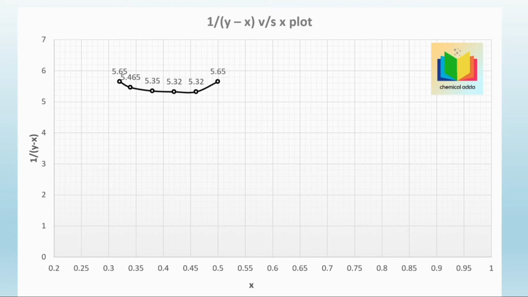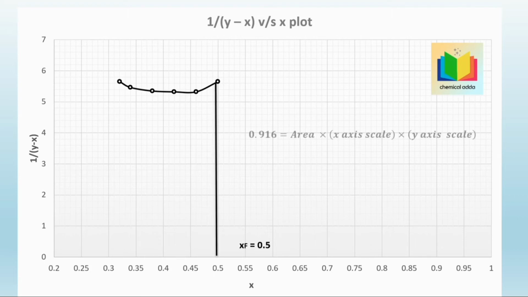Now, to measure the area under the curve, from x equal to xF, draw a straight line at x equal to xF, which is equal to 0.5. Now, to find the area under the curve, we use the formula 0.916 is equal to area into x-axis scale into y-axis scale.